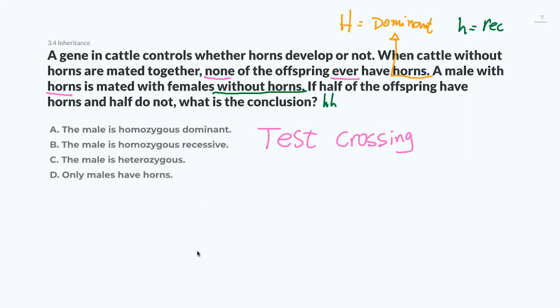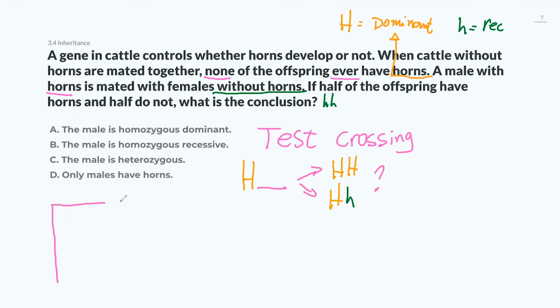So is the male, okay, the male, I know they have one big H because they are dominant. What about the other one? The other allele, it could be homozygous dominant or it could be heterozygous.